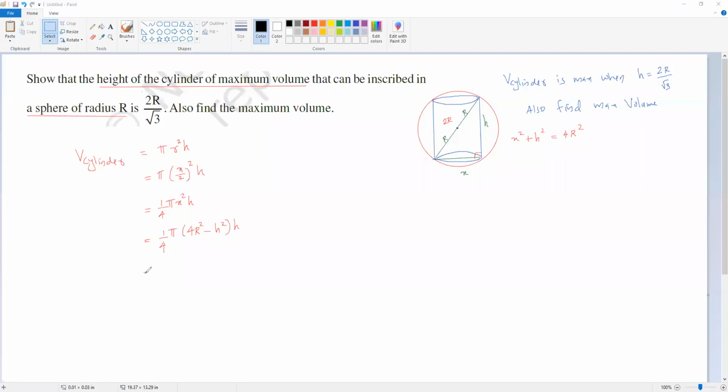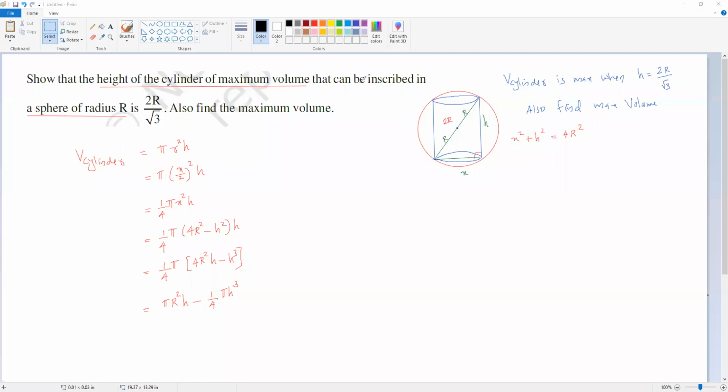Which, multiplying, is 1 by 4 pi into, in bracket, 4r square h minus h cube. 1 by 4 pi से multiply करें तो 4 कट हो जाएगा, pi r square h minus 1 by 4 pi h cube.